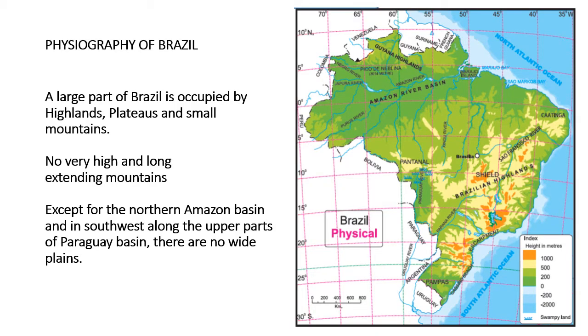Dear students, now let's talk about the physiography of Brazil. Here we can see the physical map of Brazil. A large part of this country is occupied by highlands, which you can see is marked with yellow color on this map. Apart from highlands, another important physical unit is the Brazilian plains.